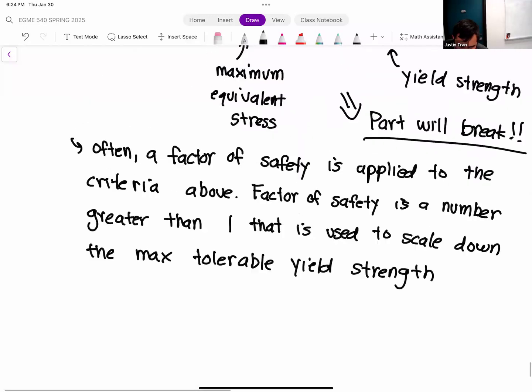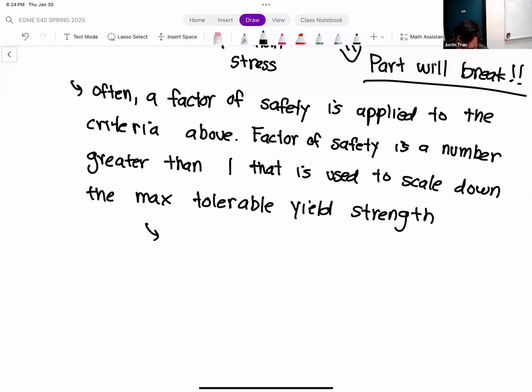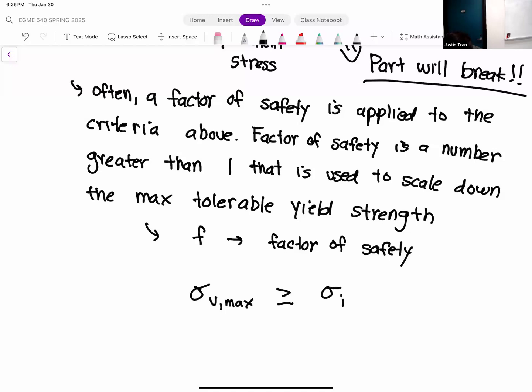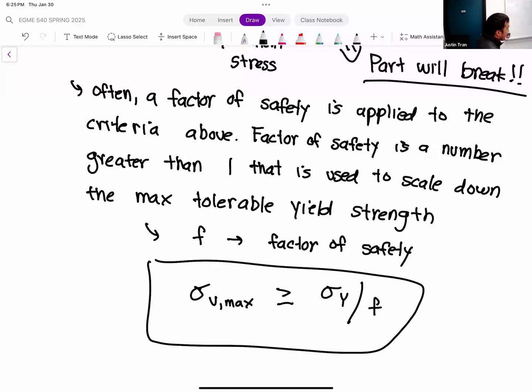Let's call the factor of safety F. Then the above criteria would be modified: to characterize material failure while accounting for a factor of safety, you check whether sigma V max is greater than or equal to sigma Y divided by F. Since F is some number greater than 1, the effective yield strength, or maximum threshold, is reduced.